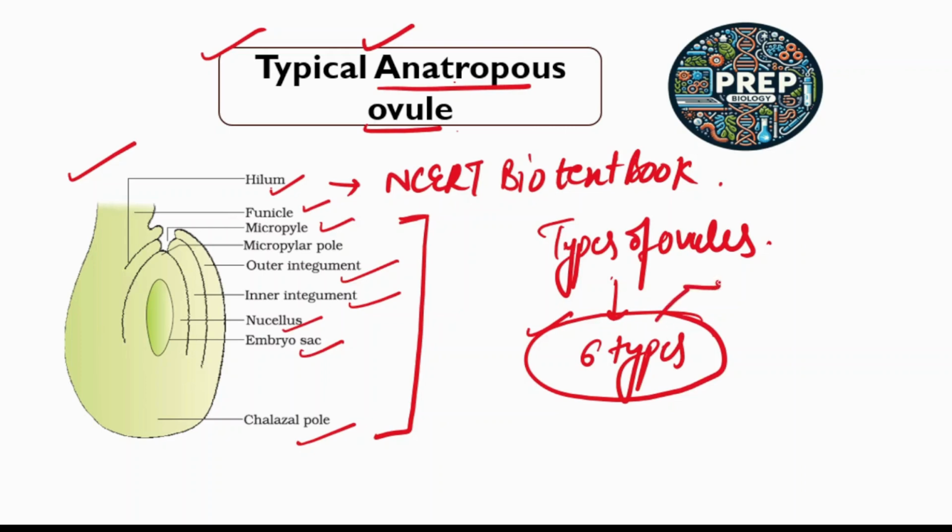In the next class, we will discuss the different types of ovules and examples of each type. This part is also very important. Many MCQ-type questions have already been asked from this part in previous year questions. So make sure you watch this lecture.